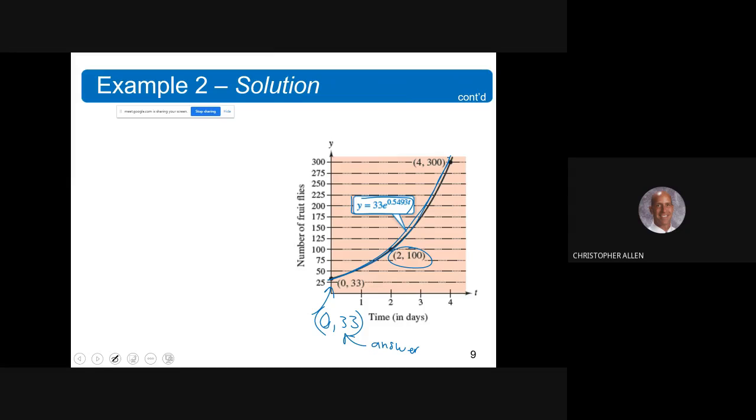Here was, after 2 days, there was 100 flies. And then after 4 days, there was 300 flies. So this curve right here can be modeled by y equals 33e to the, I think it was the ln of the square root of 3, if I'm not mistaken. That's this curve right here. Okay?